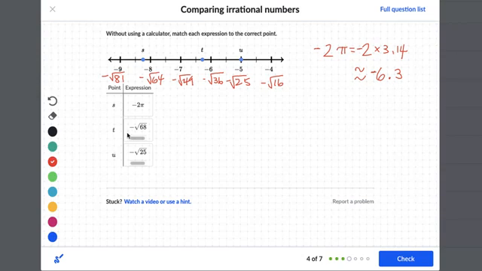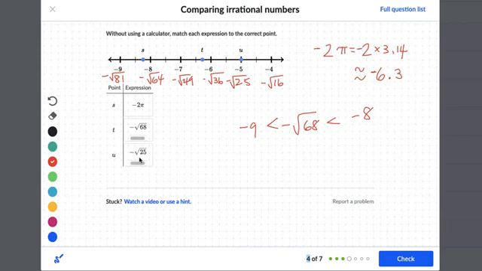Let's see, negative square root of 68. It would normally be between, what? It would be between these two. It would be between negative 9 and negative 8. So that helps us out.